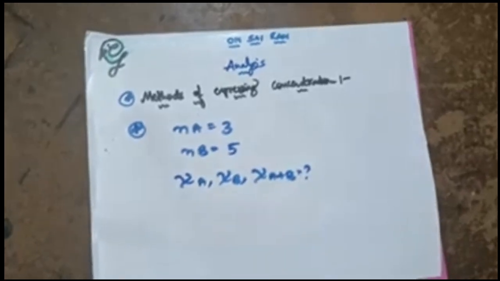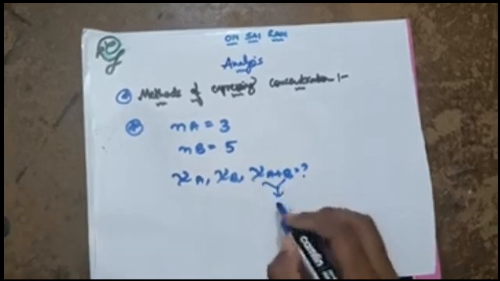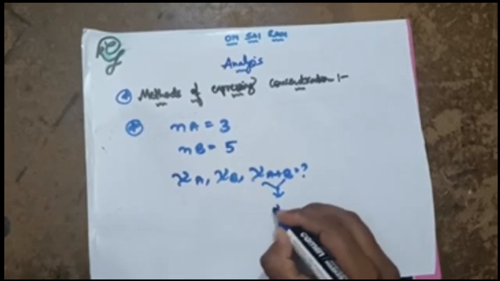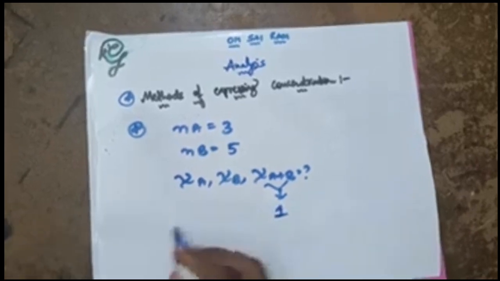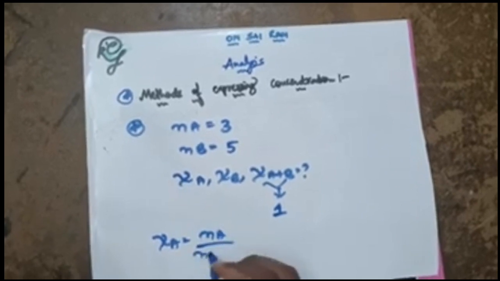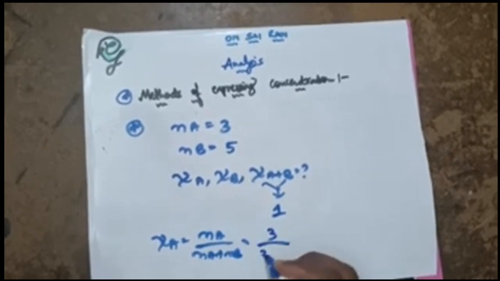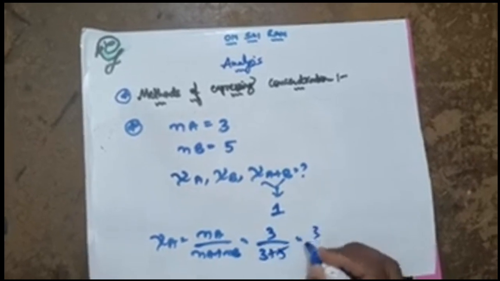As I have told you earlier, however many solute particles there are, the mole fractions of all the solutes add up to 1, right? Now let's calculate the mole fraction of A. The formula is Na by Na plus Nb, so it is 3 by 3 plus 5, which is 3 by 8.